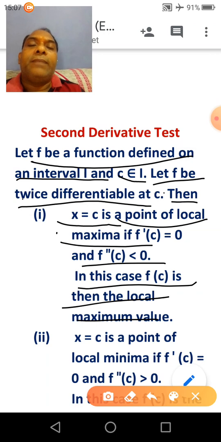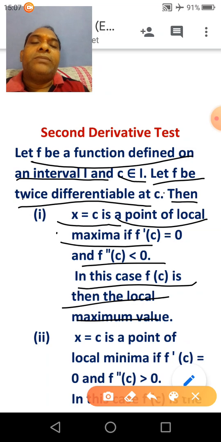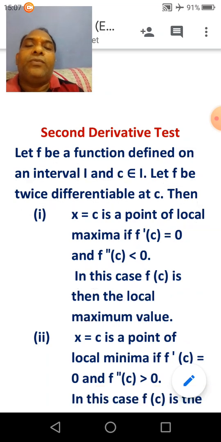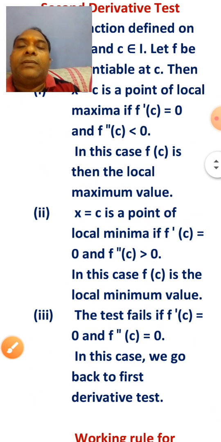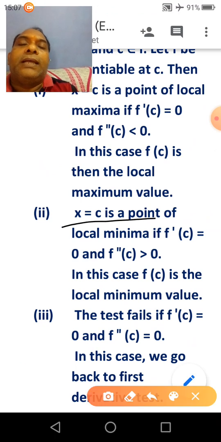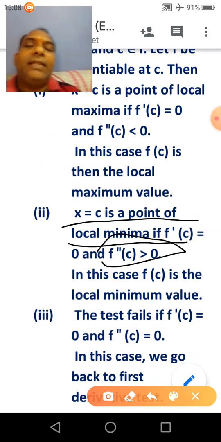Means if f''(c) is less than 0, meaning negative, then the function will be maximum at that point and f(c) will be the local maximum value. And x equal to c is a point of local minima if f'(c) is equal to 0 and f''(c) is greater than 0.